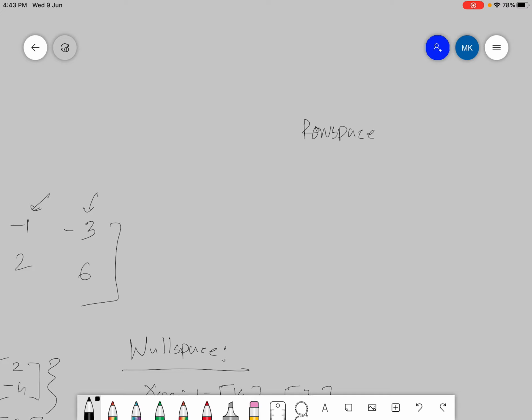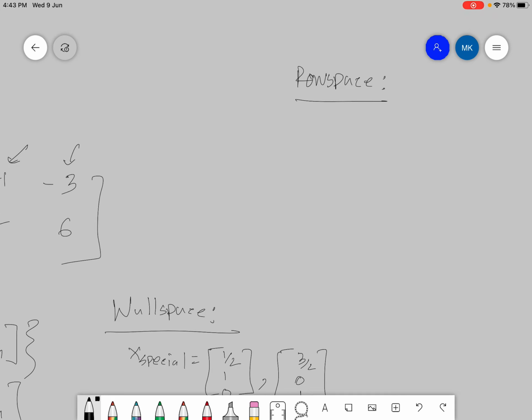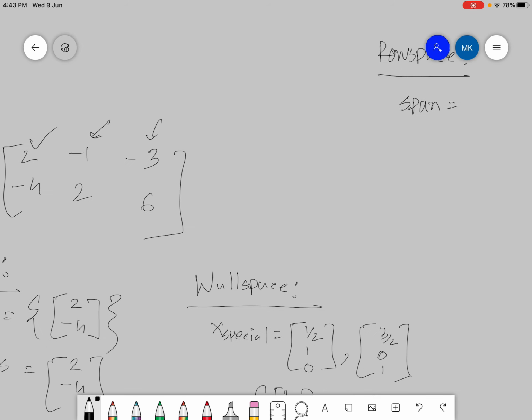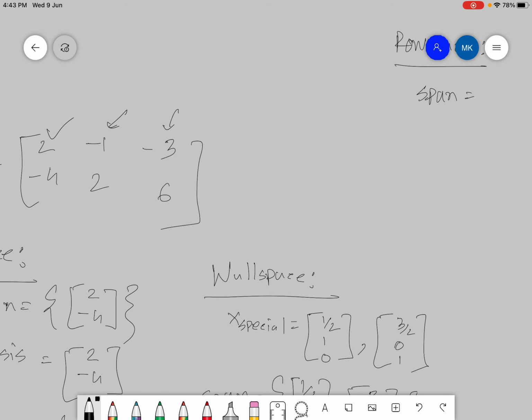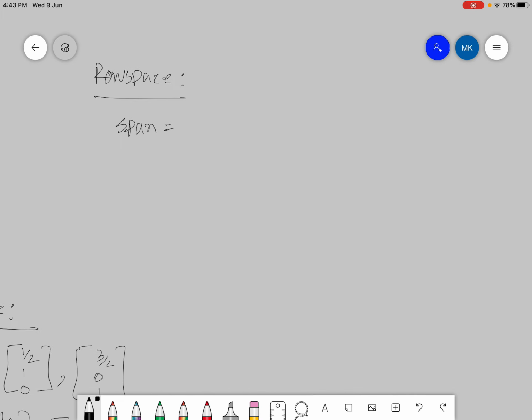So for the row space, the span is basically the number of independent rows. So how many independent rows are here? For that, please transpose the matrix.